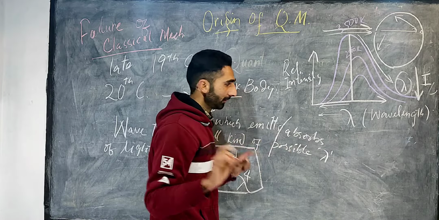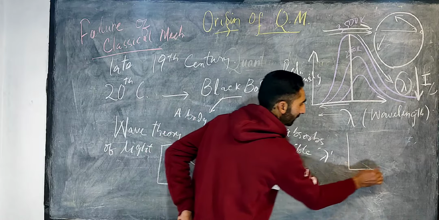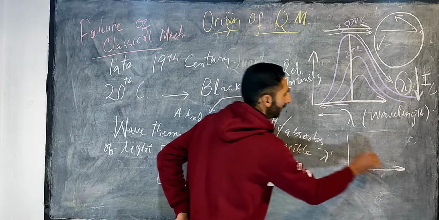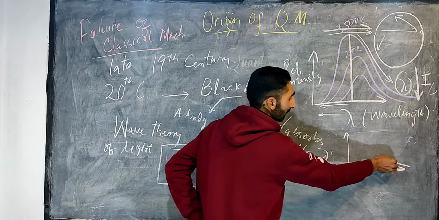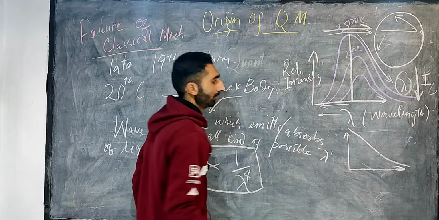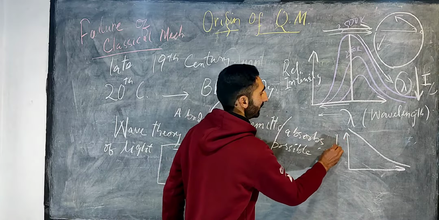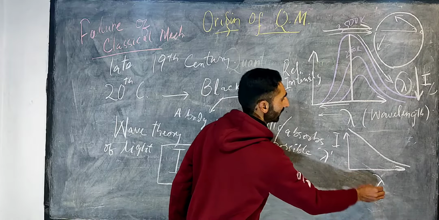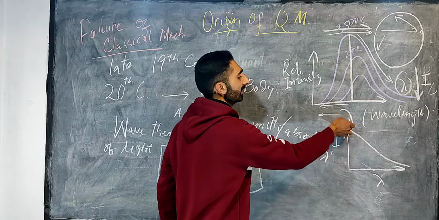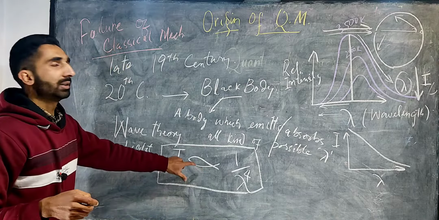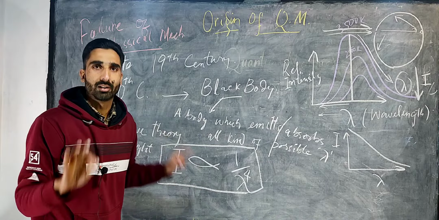So for the sake of argument, if experimentally the graph had been like this, this should have been the intensity and this is the wavelength. If with the decrease in the wavelength there is an increase in the intensity, then that means the classical theory was right.